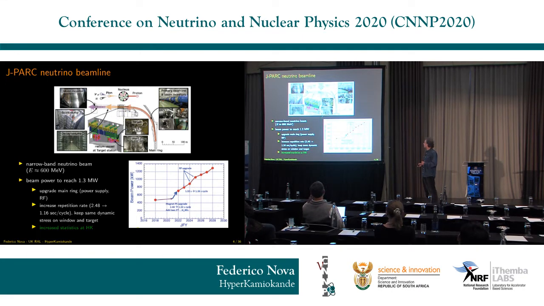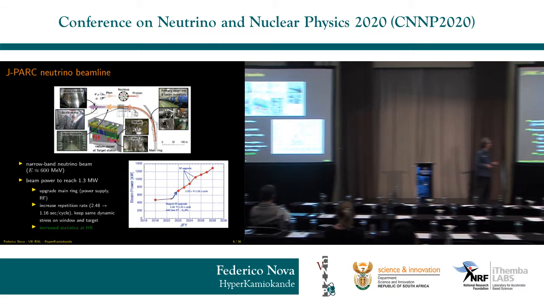So there is a beamline at J-PARC that was already described today, in which, the usual way, you slam protons onto a target and get things among which pions, and then with a magnetic field select pi plus or pi minuses, and then guide them into this decay volume where they decay and make your beam of muon neutrinos or muon antineutrinos, and then you stop them before the muons decay.